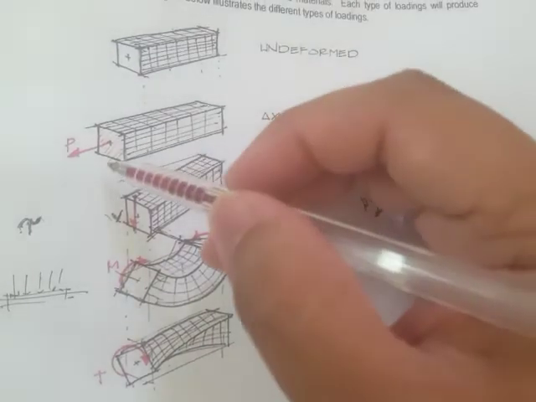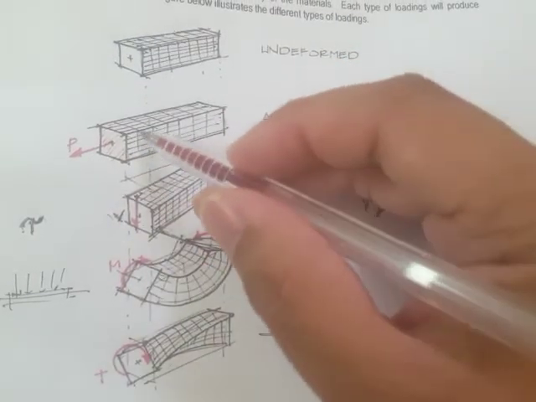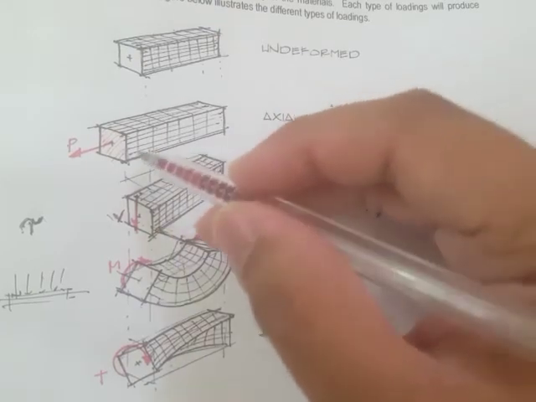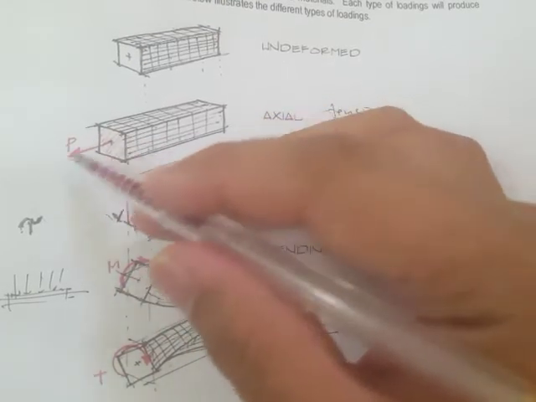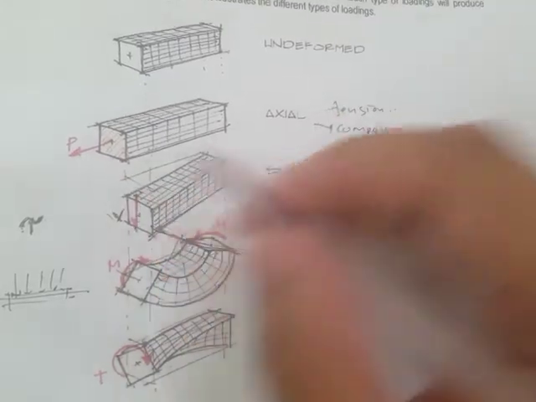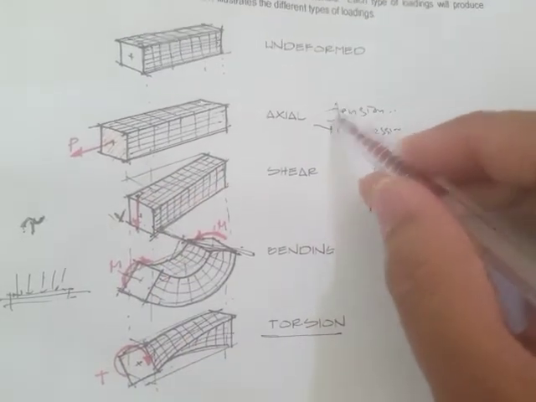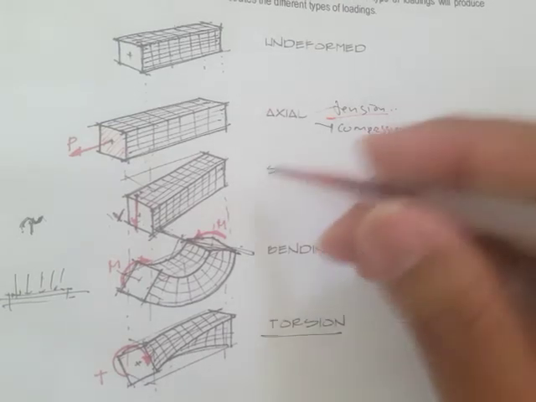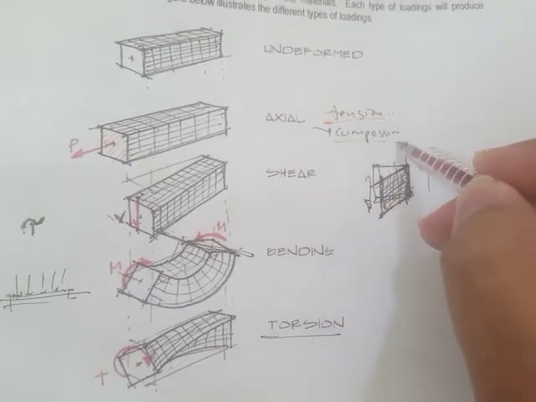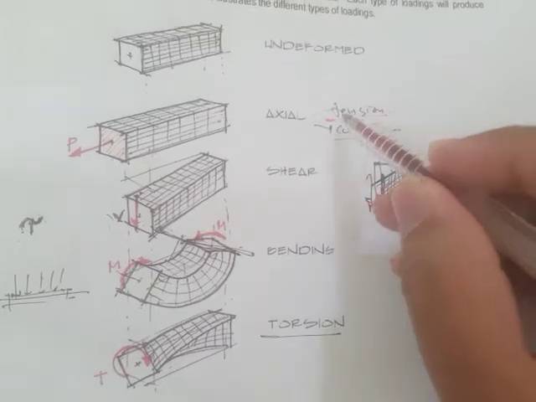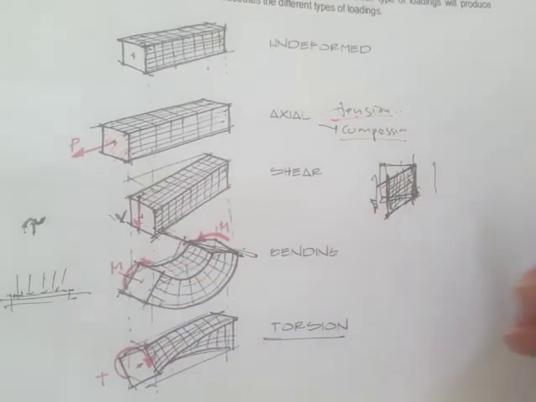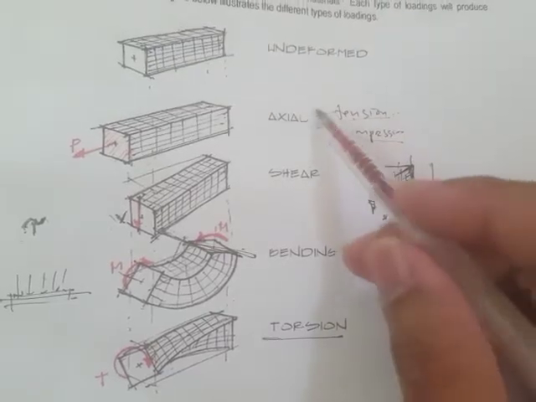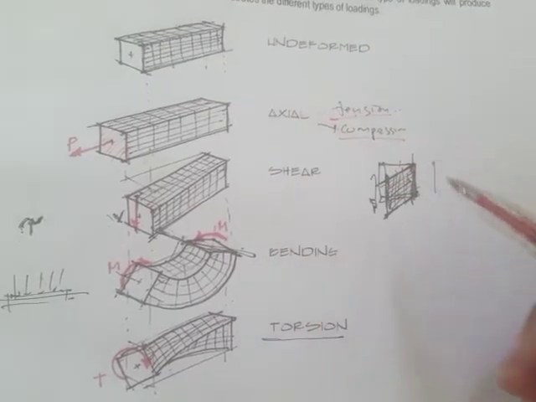You would notice that the grid lines elongate. In this particular type of axial loading, this is what we call tension loading. And if it is the other way around, that's what we call compression. If this one produces elongation of the material, this one produces shortening of the grid lines. Okay, so this is axial loading.